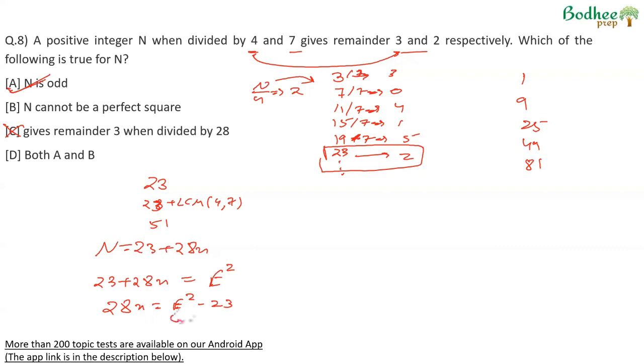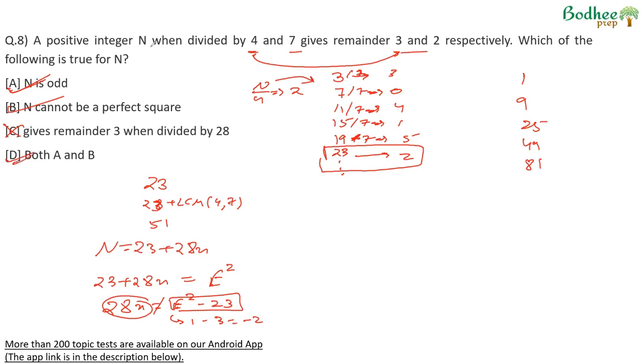So from here, we'll get a remainder of 1. Minus 23 means, when divided by 4, 23 will give a remainder of 3. So from here we'll get a remainder of minus 2 when divided by 4. But this side is divisible by 4, this is not. And therefore this cannot happen. Hence, 23 plus 28n cannot be a perfect square.